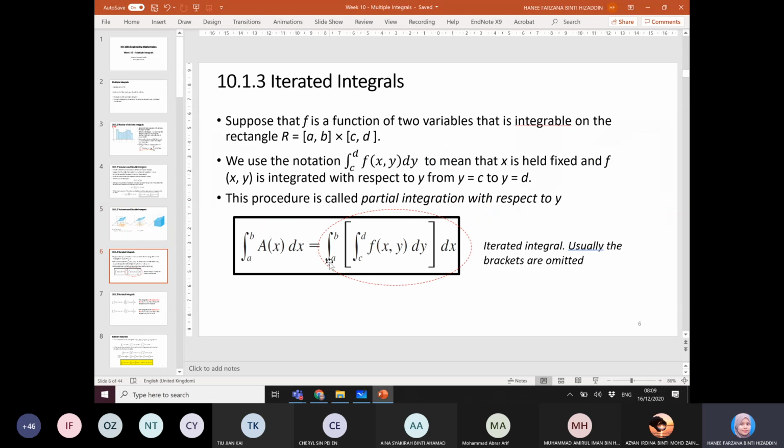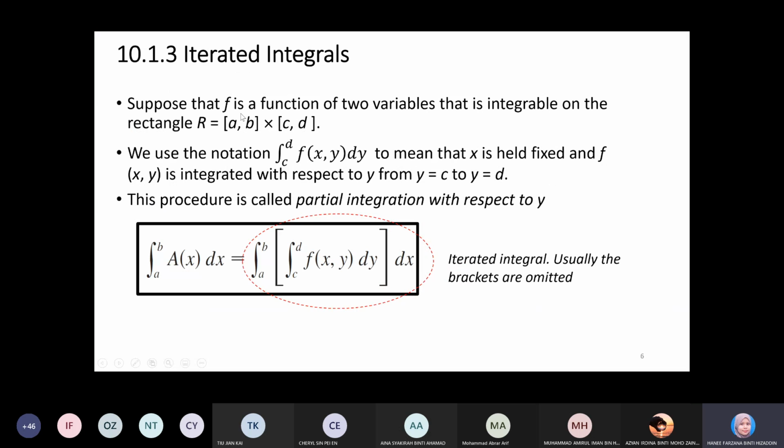Next, we want to use iterated integrals to evaluate the double integral. Suppose f is a function of two variables, x and y, that is integrable on the rectangle.